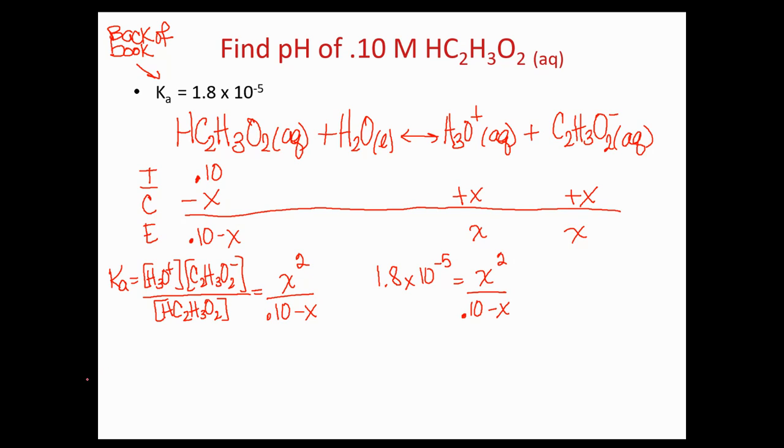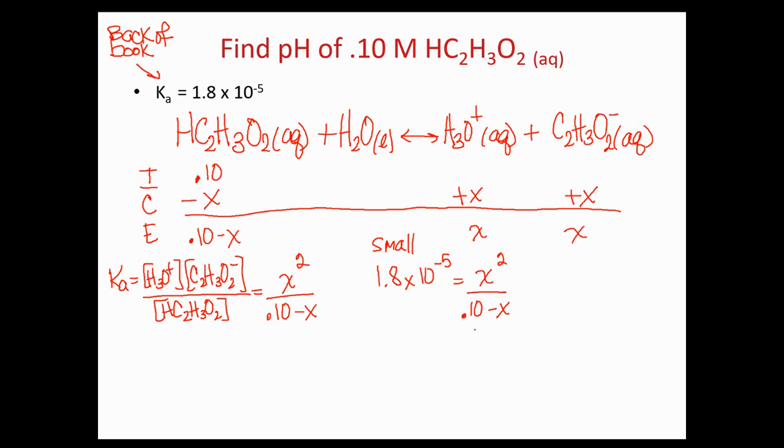Okay, so when I'm looking at that, based on years of experience, I can tell you that our Ka value is small, and our initial concentration of 0.1 is not a super large concentration, but not super tiny either.